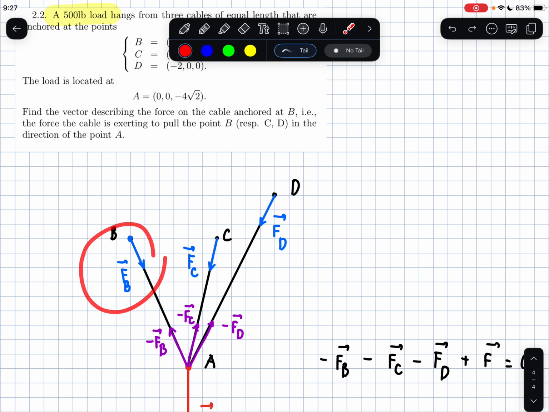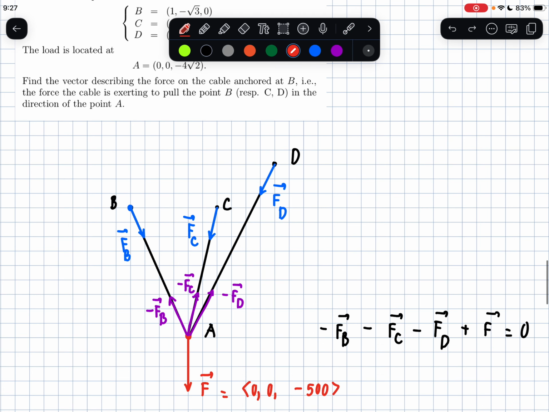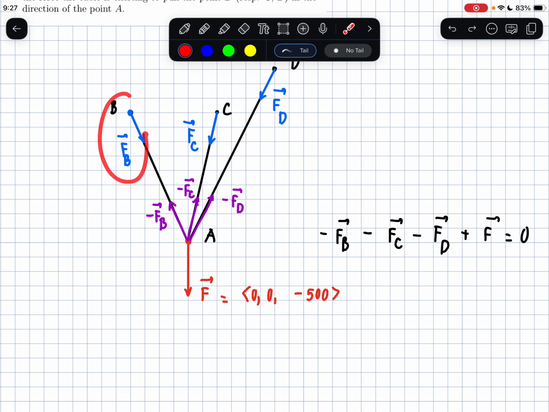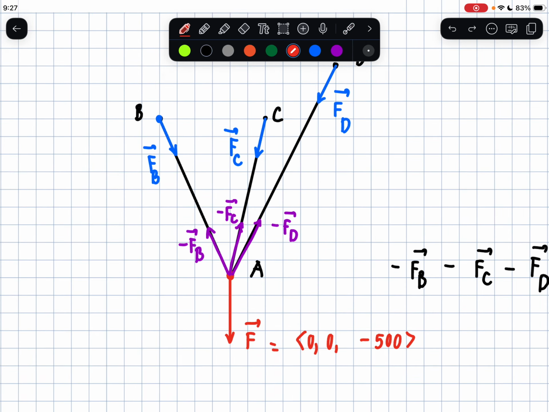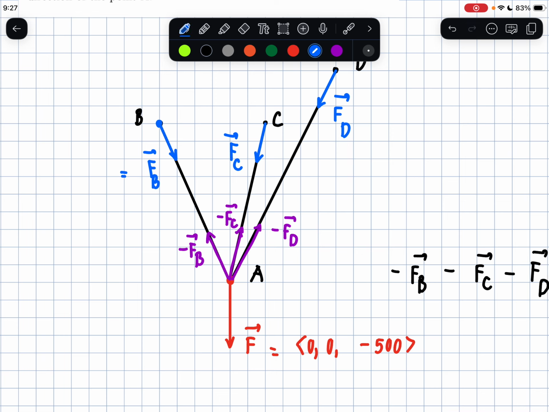What about FB, FC, and FD? FB is a vector on the line BA, the line connecting BA. So FB has a length, whatever it is, say I call it alpha, multiplied by vector BA. So it has the same direction as BA, multiplied by a scalar alpha.